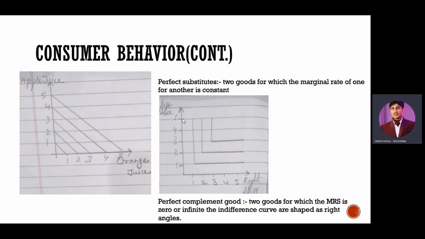So here you can see that if I only have 5 left shoes and I don't have right shoes, they are of no use for me. So I need to have 5 right shoes with 5 left shoes so that I can optimally use them. That's why it forms a right angle. I hope this is clear to you.